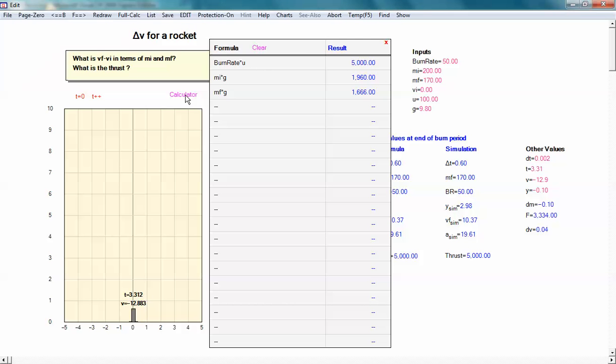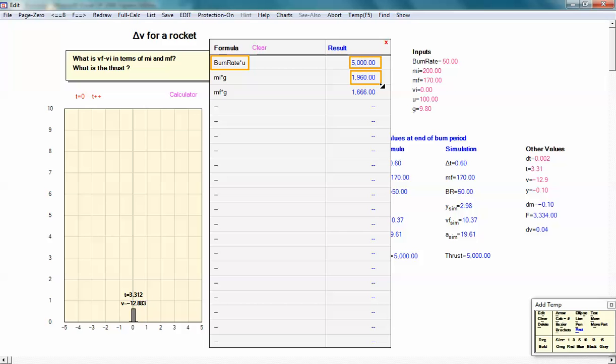I'm going to pull up my calculator, and here are the numbers. The thrust, which is the burn rate times u, is 5,000 newtons, and we compare that to the initial weight of the rocket and fuel of 1,960 newtons. So we have way more thrust than weight, so the rocket will take off.